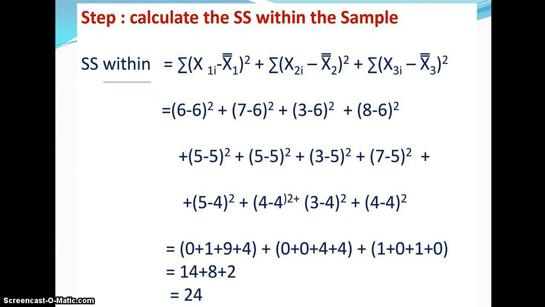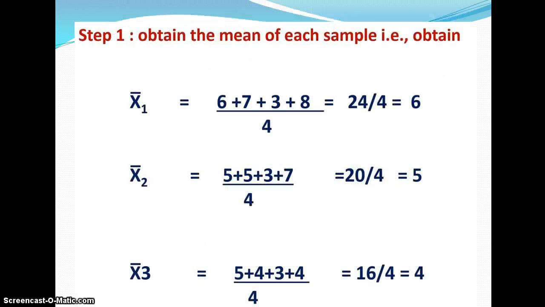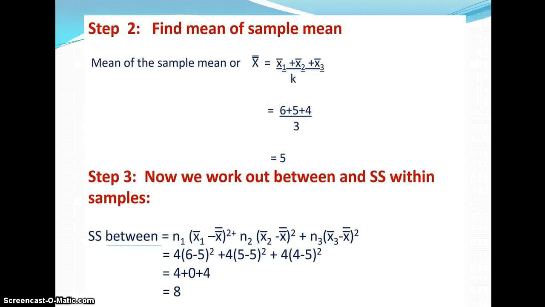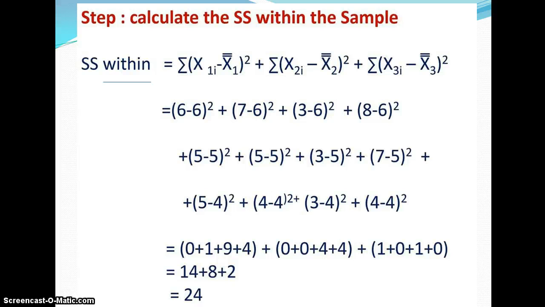Here, by using this formula, we put the values 6, 7, 3, 8. How to put this value? This is the summation over 6, 7, 3 and 8, which is the first variety.